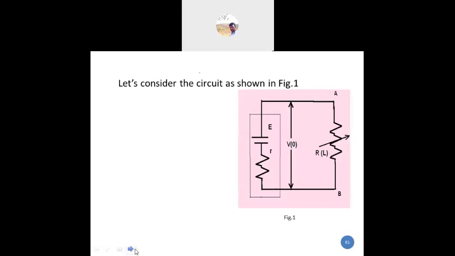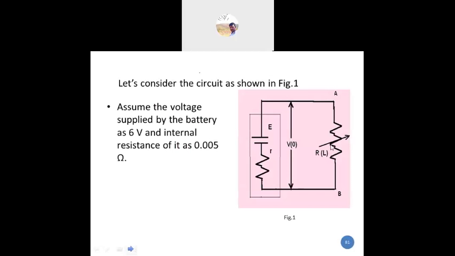Here we have a resistor, a variable resistor acting as the load. This is the voltage source, and its internal resistance is indicated by a resistor of 0.005 ohms.